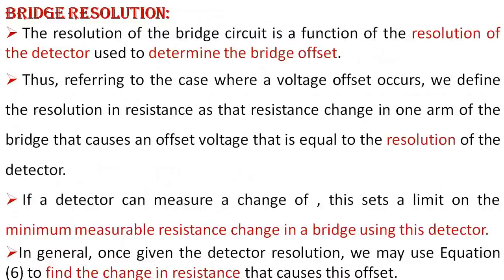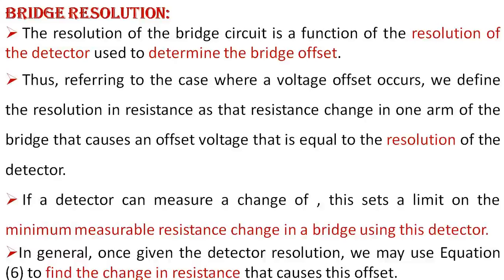Next one is the bridge resolution. The resolution of the bridge circuit is a function of the resolution of the detector used to determine the bridge offset, thus referring to the case where a voltage offset occurs. We define the resolution in resistance as the resistance change in one arm of the bridge that causes an offset voltage equal to the resolution of the detector.